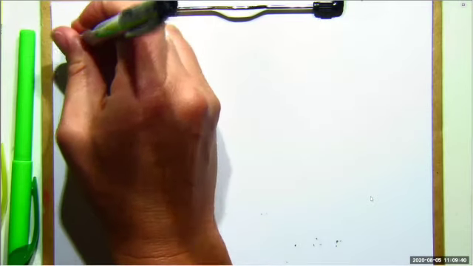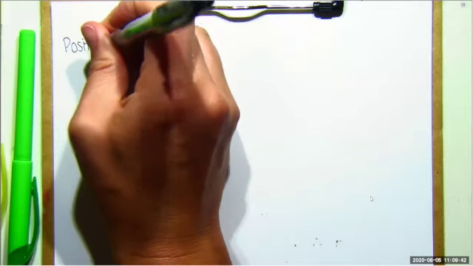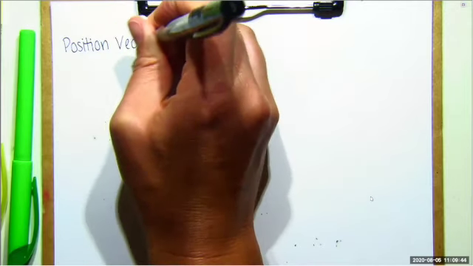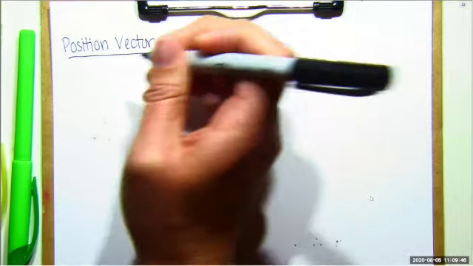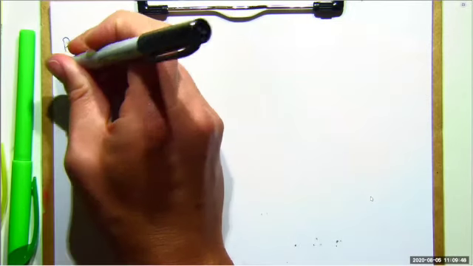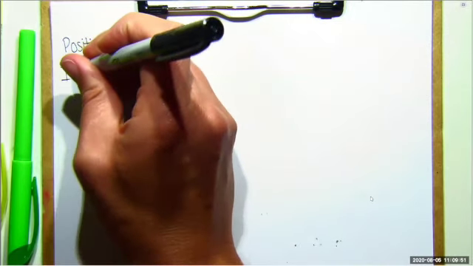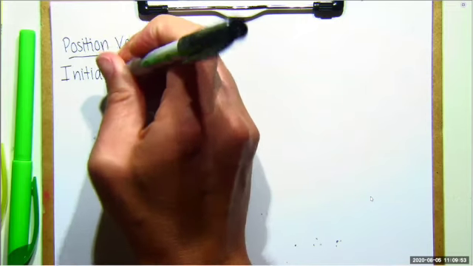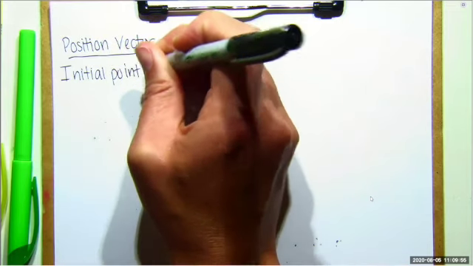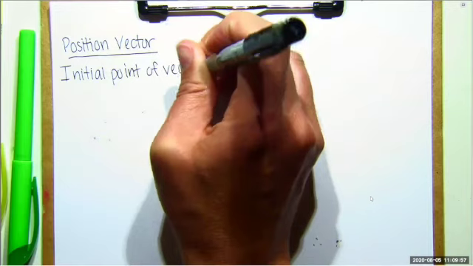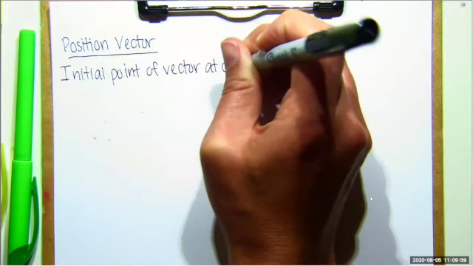Instead of having these vectors just float all over our paper, it's helpful to have them all in the same place. So the position vector, what we're going to do is put the initial point of the vector at the origin.